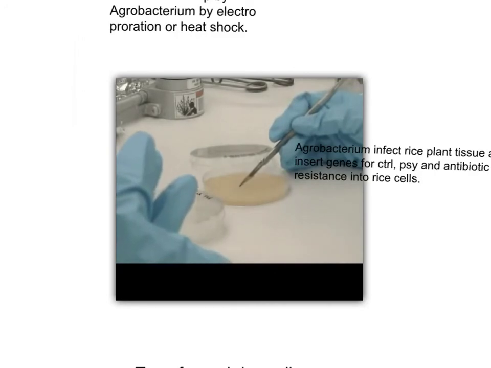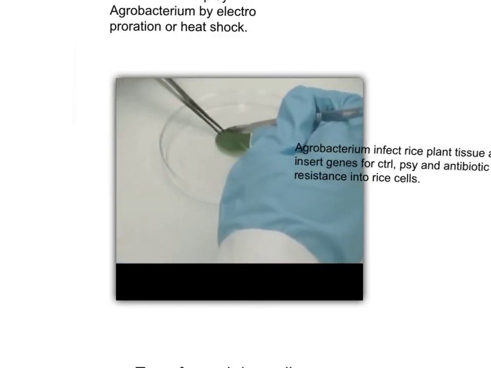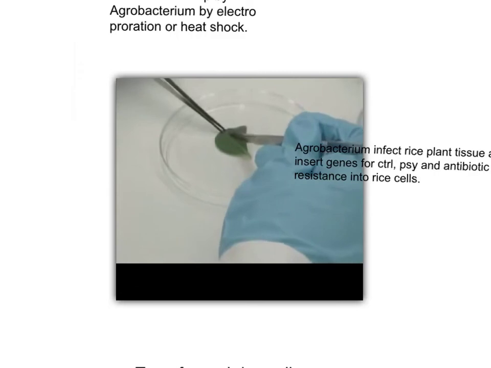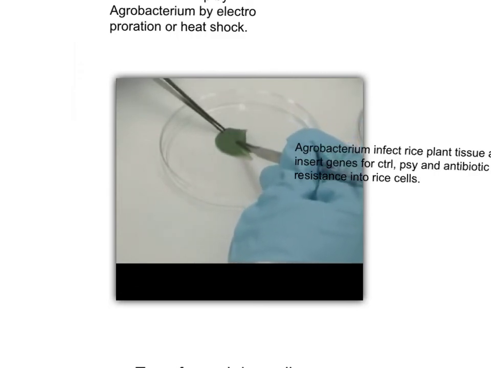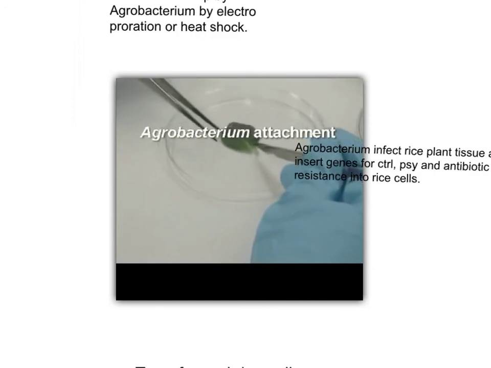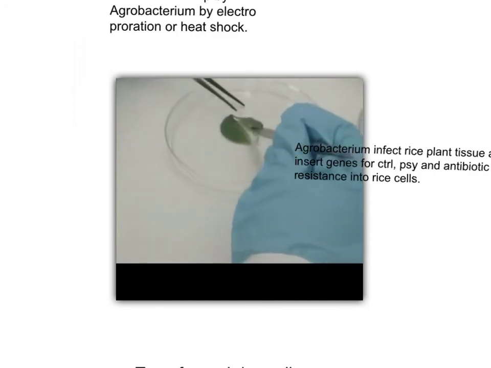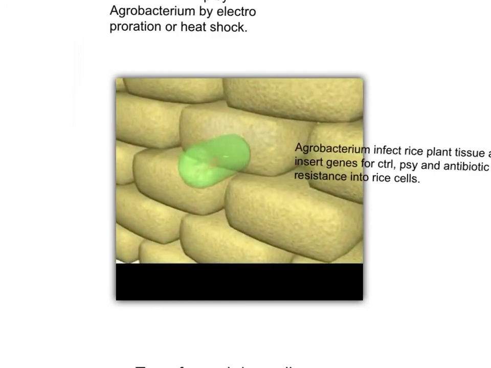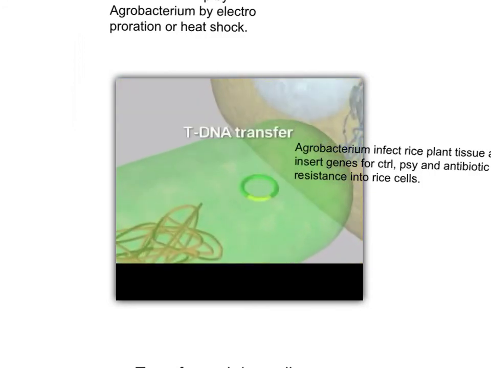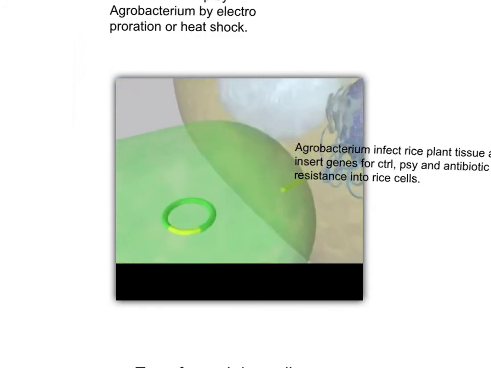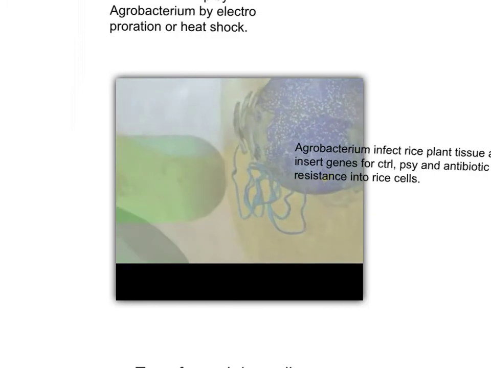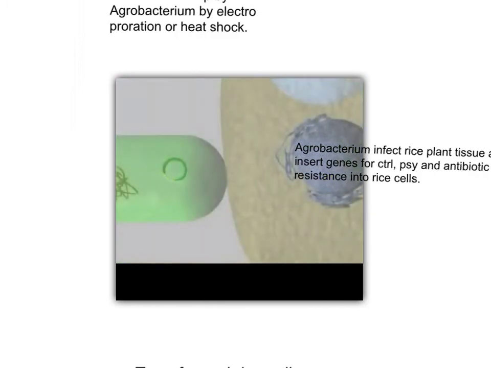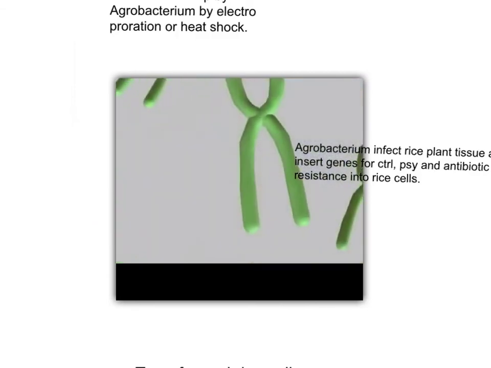Next, explants must be inoculated with agrobacterium. In this case, a scalpel is used to pick a colony from the plate and then wound the leaf of a plant. Agrobacterium then attaches to the plant's cell wall and transfers the tDNA portion of the TI plasmid to the host. This tDNA portion, which contained the genes encoding herbicide and antibiotic resistance, are then randomly inserted into the host's genome.